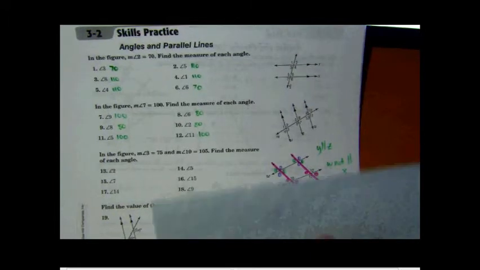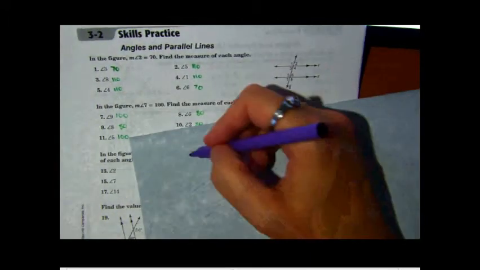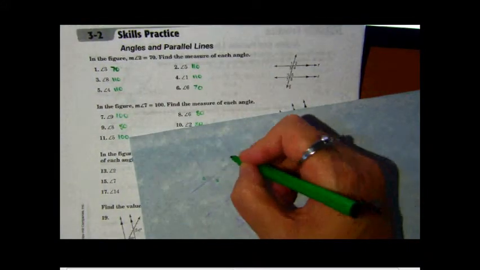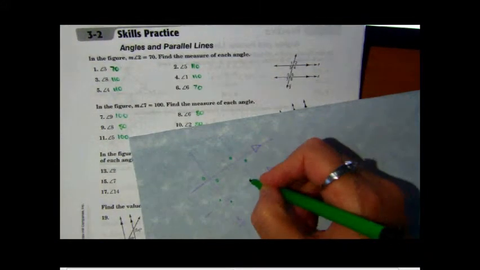Now, if we had 2 sets of parallel lines, so just hypothetically, if these were parallel here, and these are parallel here, then you get a relationship among all of the sets. Okay?